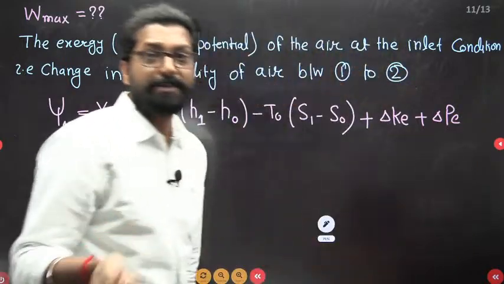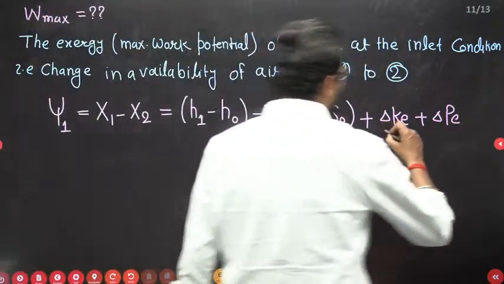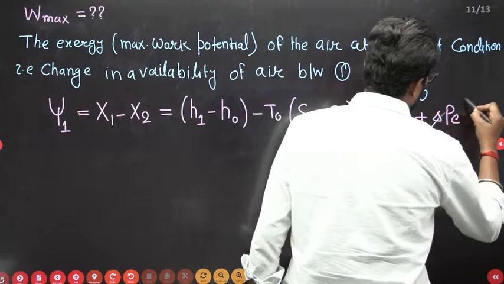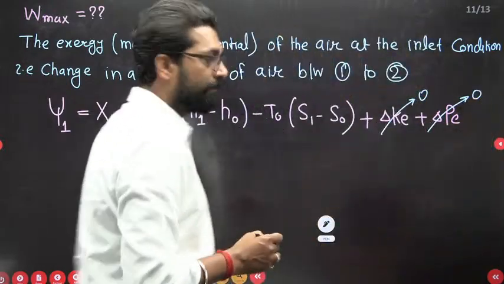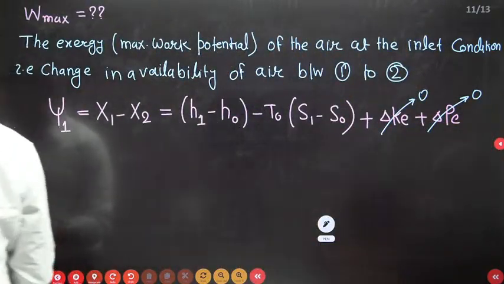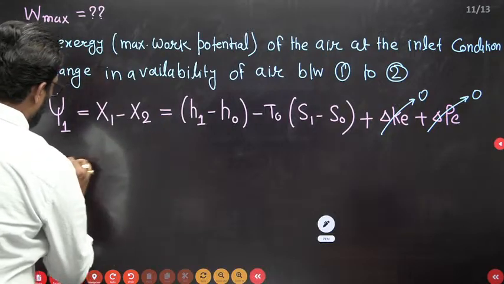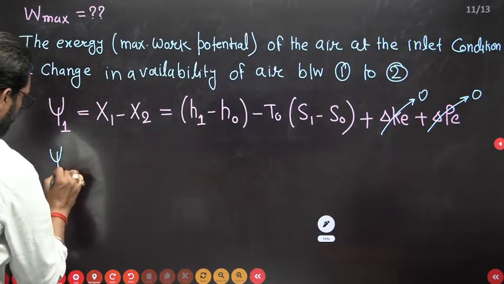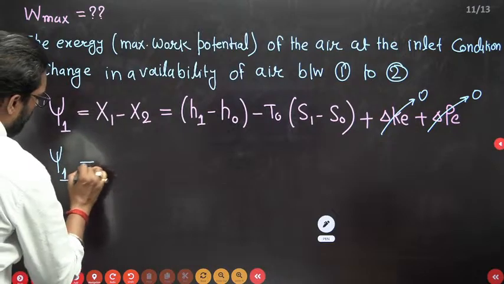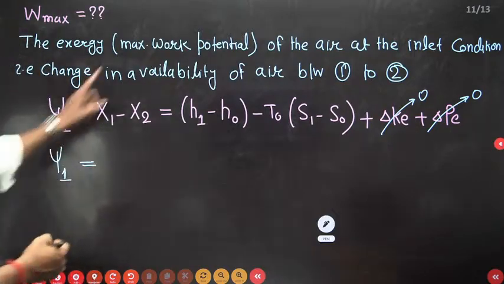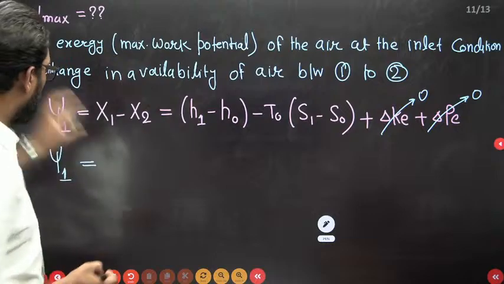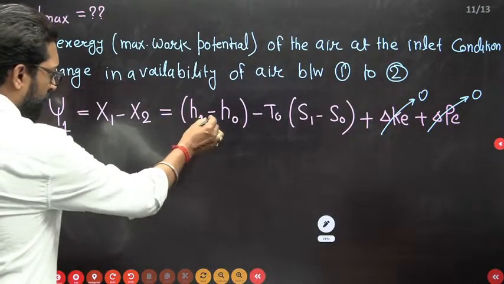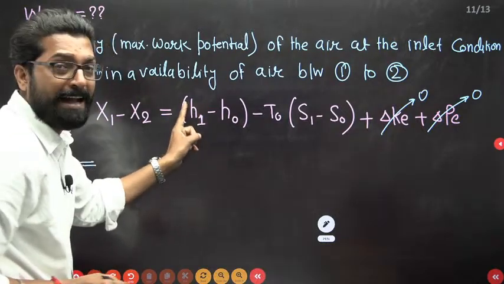Now if the system is stationary, there is no information of kinetic energy and no information of potential energy, so we have to neglect them. Now, psi 1, why this is 1? Because we have to find it with respect to inlet condition. So what is the enthalpy at point 1?